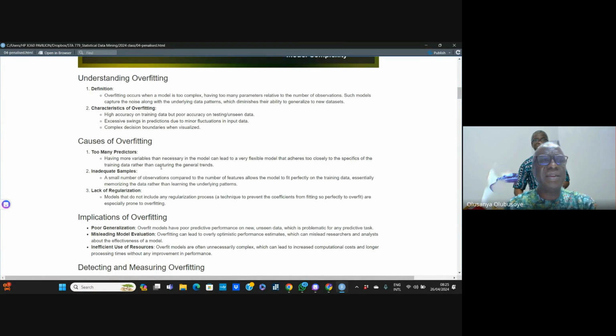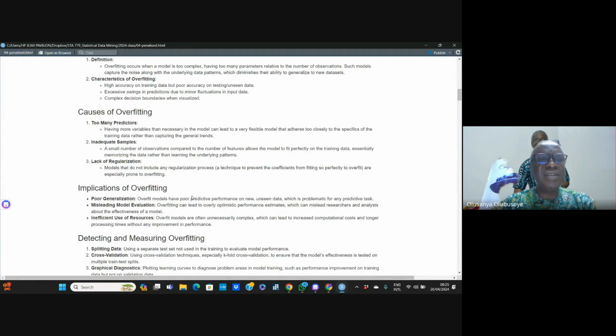And finally, the third major cause of overfitting is lack of regularization. Regularization is a technique that prevents coefficients from fitting so perfectly. So when, for instance, your R square is 99 percent, it's not something to rejoice about. That could be evidence of overfitting.